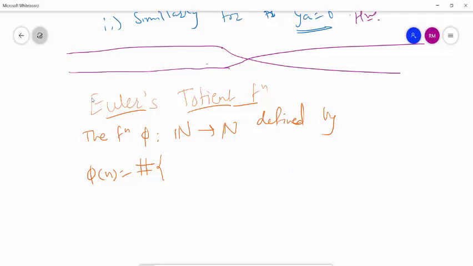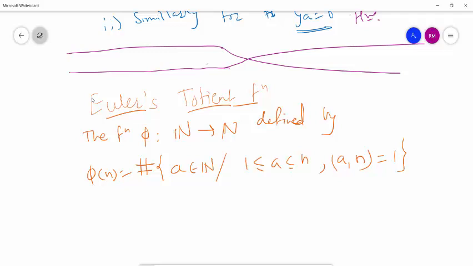So we have to take such integers A such that they lie between 1 and n, and GCD of A and n is 1.